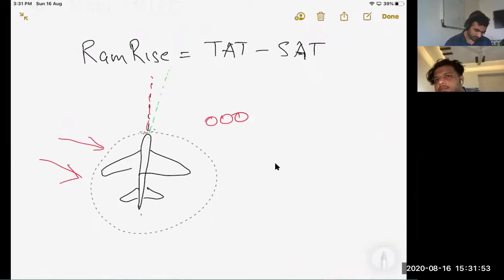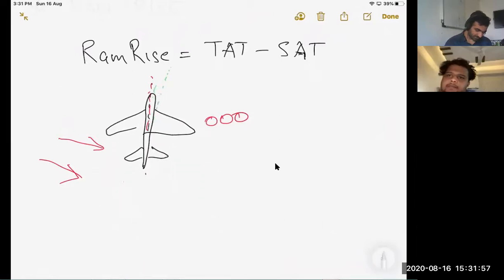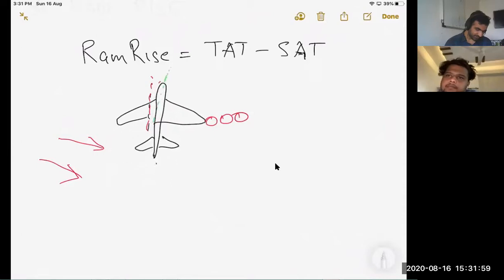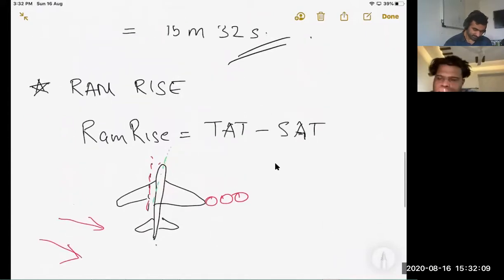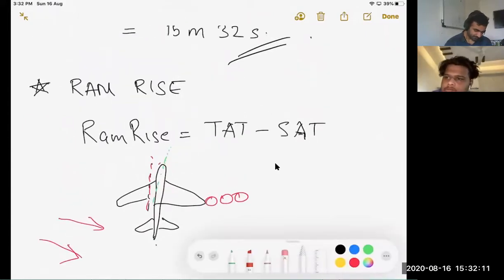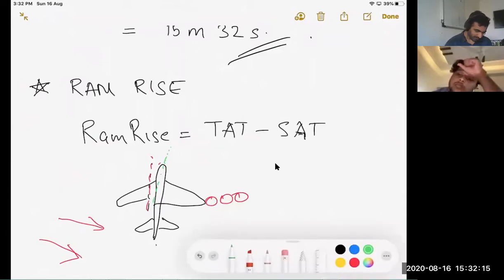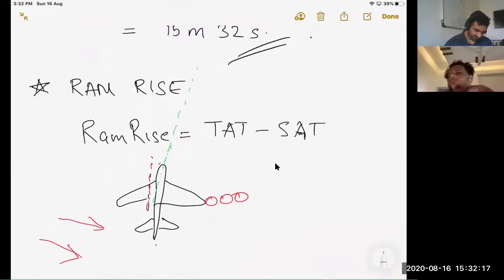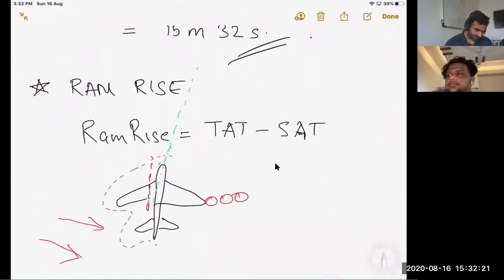So the aircraft will be maintaining the same heading, but it will be on a deviated track. The heading is still the same, but the track is different. If I don't correct this, the aircraft will keep deviating. And the pilot is doing the right thing.